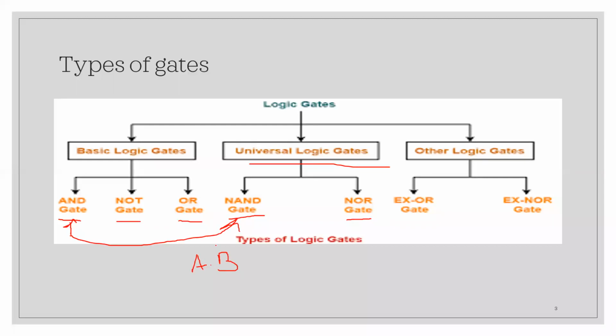Now I want to implement it using a NAND, so I can go ahead with the double negation method and see what the expression turns out to be for implementation using a NAND gate or NOR gate. So that is what we'll be checking out.